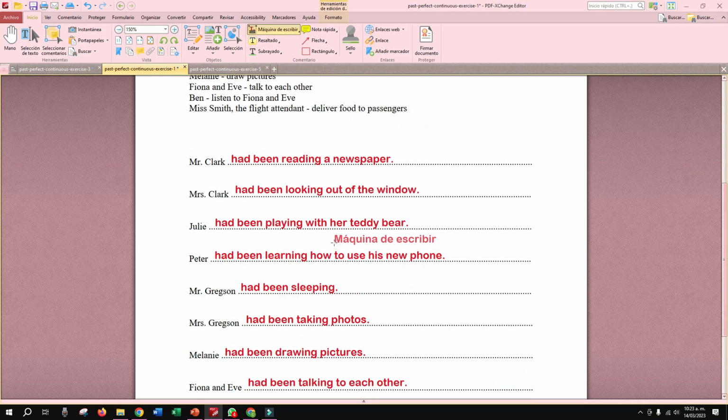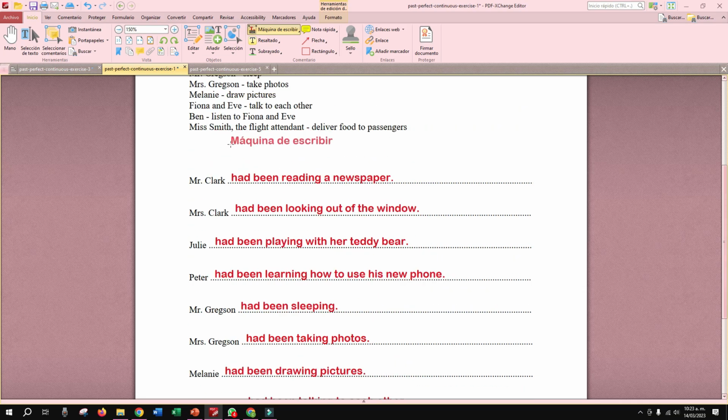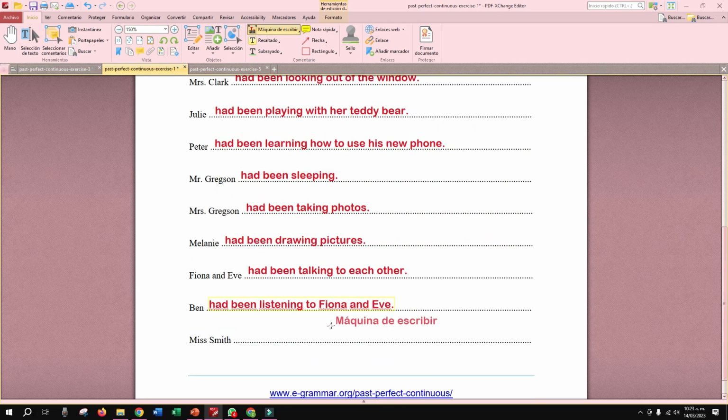Good. And the last one, you have Miss Smith, the flight attendant, deliver food to the passengers. Which could be that one? Miss Smith, what? Miss Smith had been, yes, the flight attendant. Okay, so Mrs. Smith had been delivering, that would be delivering.